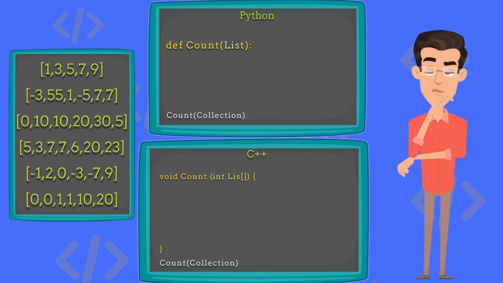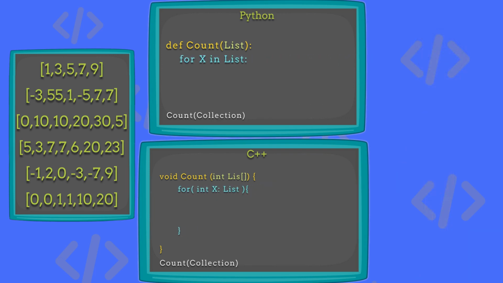The best way to go through each of the elements in a collection is to use a for loop. With this loop, we will grab each of the elements in the collection at hand and put each one in this variable. Since our main task is to keep count of something, we need what I refer to as a counter variable.